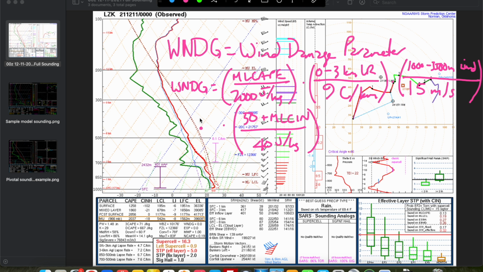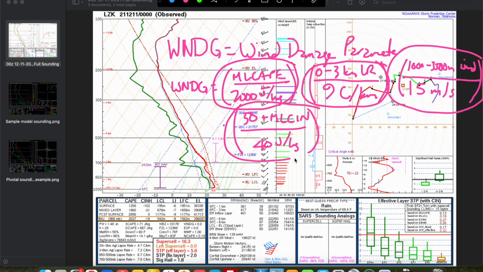Really not a great way of assessing the wind damage potential in a certain environment, but it does take into account how well strong instability, steep low-level lapse rates, enhanced flow in the mid-levels, and low convective inhibition are co-located, as these are all kind of helpful in their own right in diagnosing the potential for wind damage in a given environment.